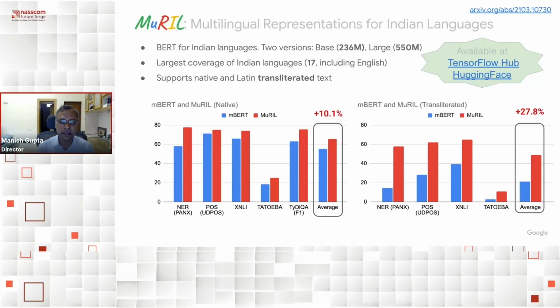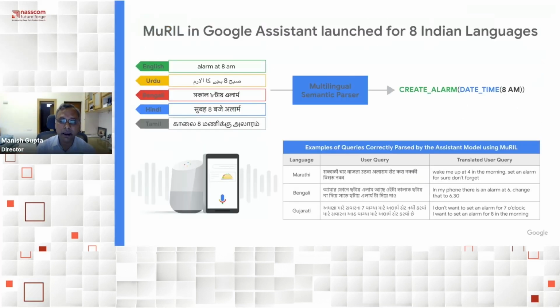On a whole range of natural language processing benchmarks, ranging from named entity recognition to part of speech tagging to question answering, we were able to significantly improve accuracy relative to the original model that would do very well on languages like English, but not so well on Indian languages, and in particular, very significant gains for transliterated text.